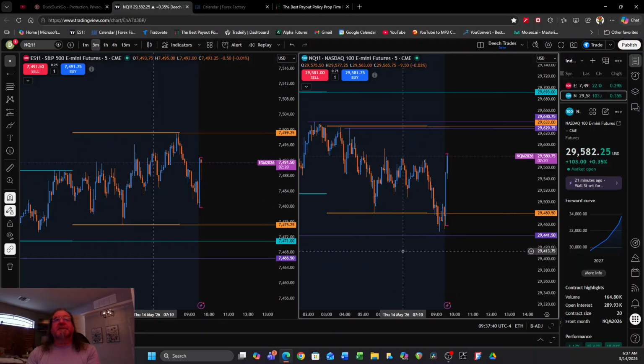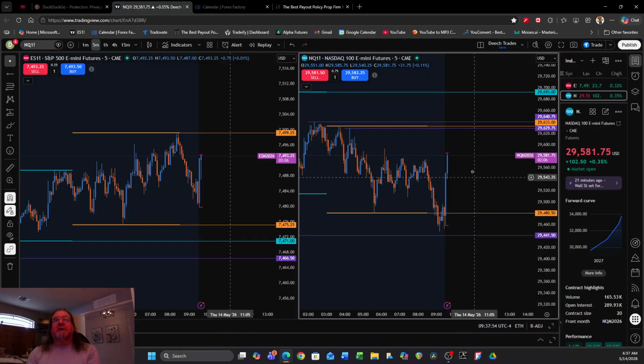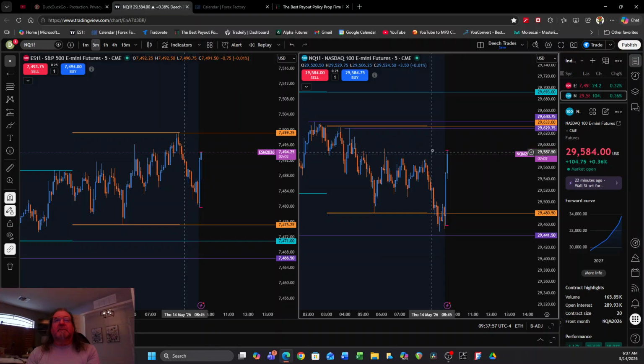That's for another time. All right, so it's clear that we're going to be heading up to here now. We took out these areas of liquidity. We've got a little bit up here, but yeah, it's clear that we're going to be heading this direction here.